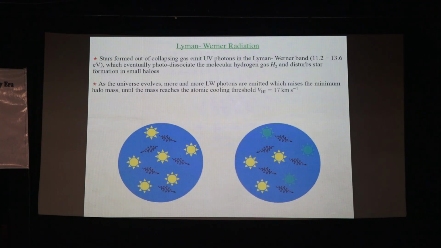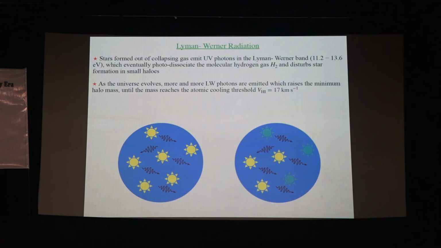The second such delaying effect is the Lyman-Werner radiation. Stars emit UV photons in the Lyman-Werner band, which is from 11.2 to 13.6 electron volts. Radiation in this band photodissociates molecular hydrogen and disturbs the star formation in small halos which formed earlier.